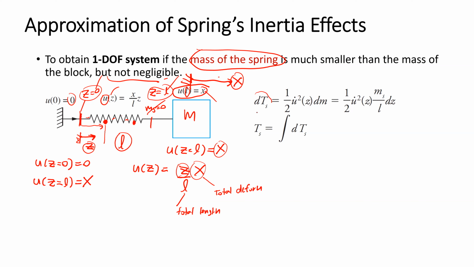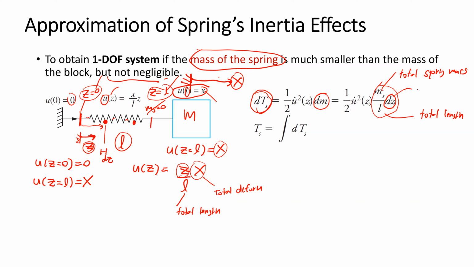So the small kinetic energy is formed by 1/2 m of the small component dm for a short length dc. dm is equal to the very short length dc multiplied by the total spring mass, divided by the total spring length.